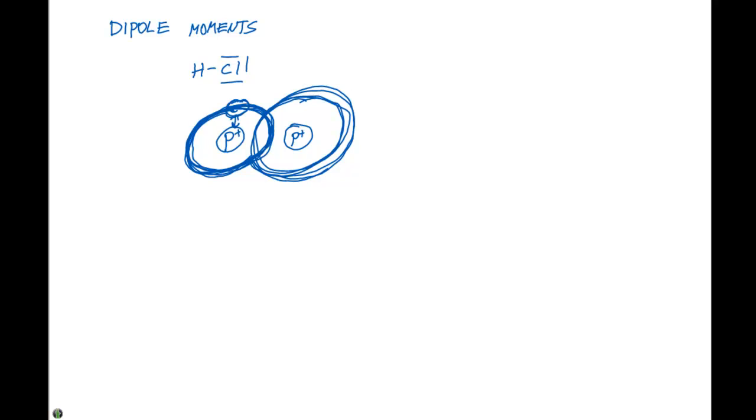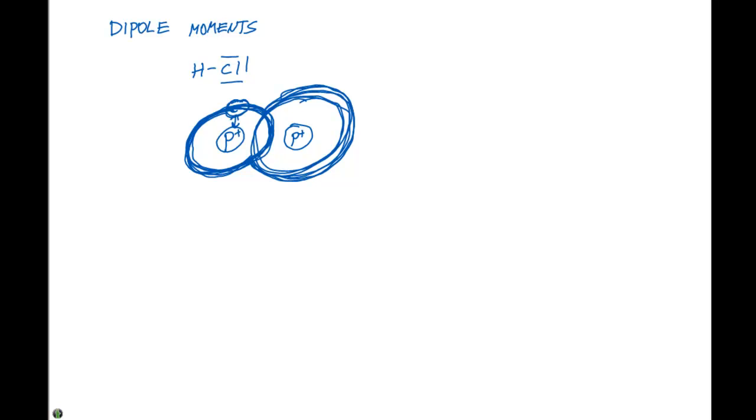So the probability of finding the electron does not solely reside on the left-hand side, the atomic radius for the hydrogen. It can also be found over on this side, on the chlorine.